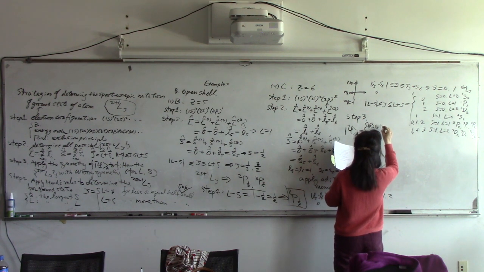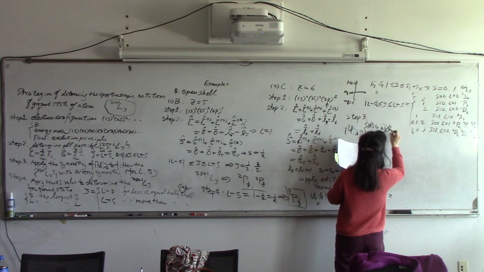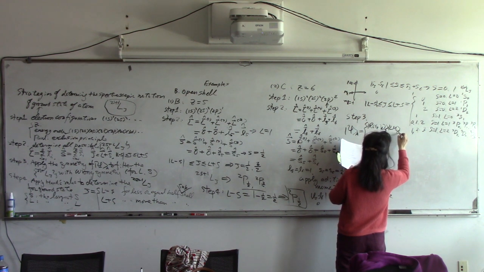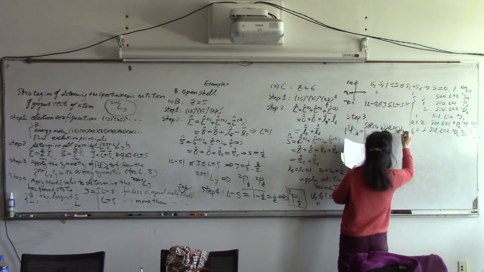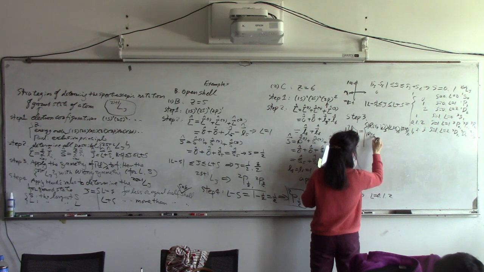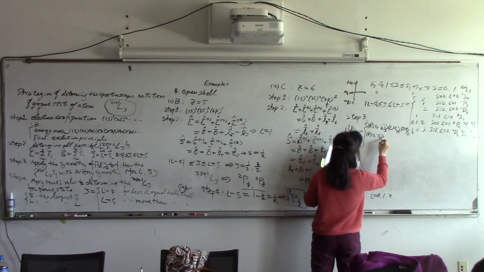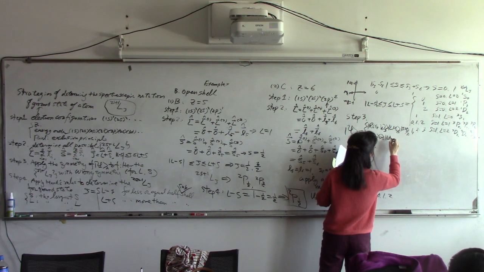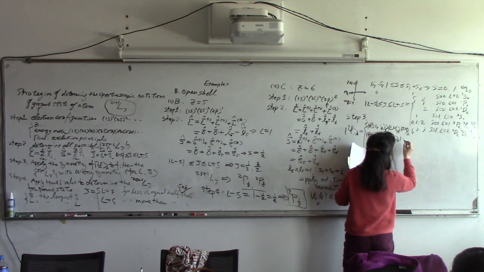The radial part is for 2 electrons. If the radial part is symmetric and the orbital is symmetric, then the spin is antisymmetric, right? Or the radial part is still symmetric, but the orbital is antisymmetric, then the spin is symmetric, right?